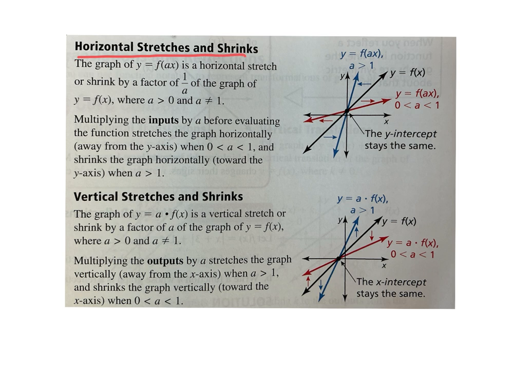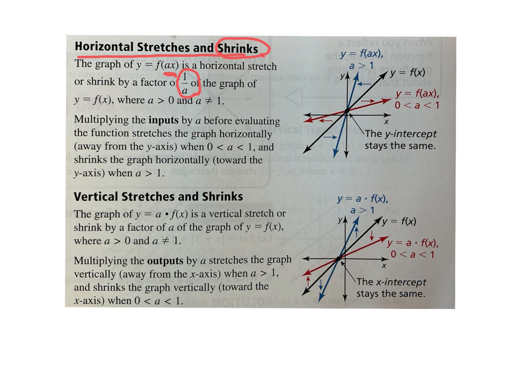A horizontal stretch or shrink happens when there's a number inside with the x. The horizontal is a weird one. If the number is bigger than 1, it's actually a shrink by the reciprocal. That 1 over a is the reciprocal. If it's less than 1, it's actually a stretch by the reciprocal.